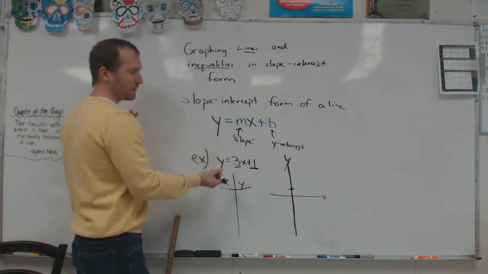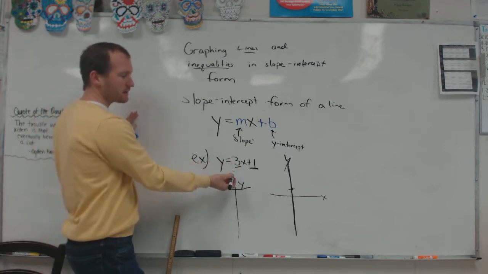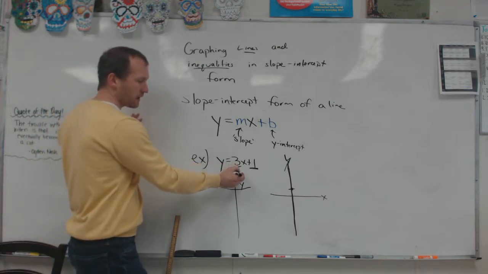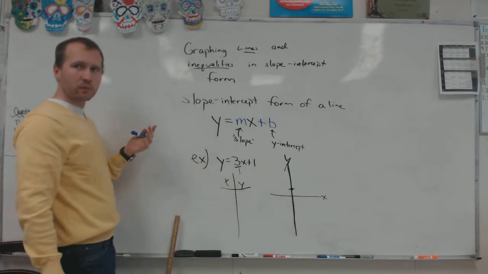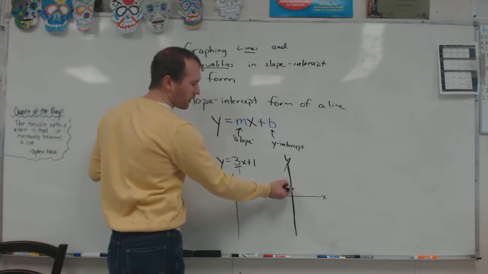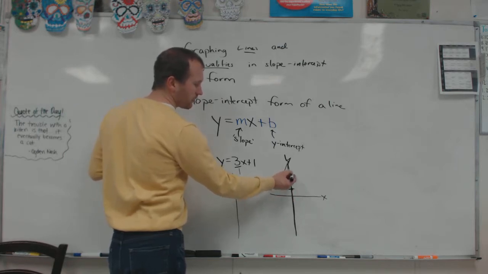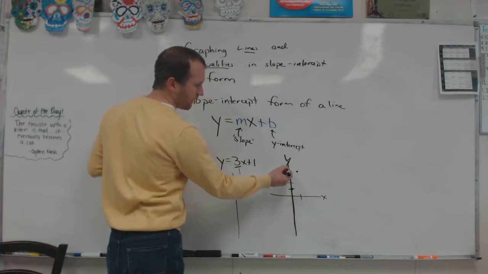When we have a whole number here, we actually pretend it's a fraction, right? So instead of 3x, we would usually think of this as 3 over 1. Because that helps us remember what to do. From our y-intercept, we're going to go up 3 and over 1. And we're going to make a second point there. And then usually we're going to do that again.